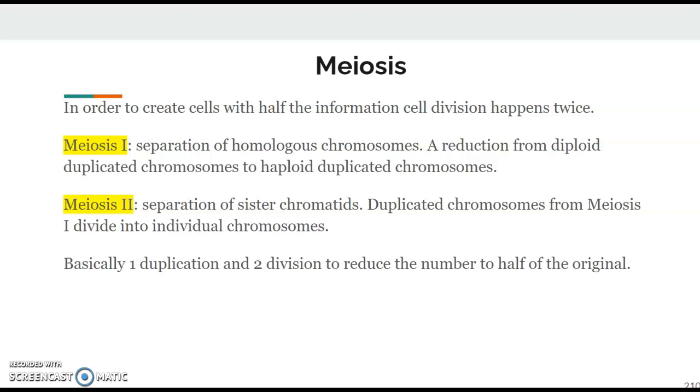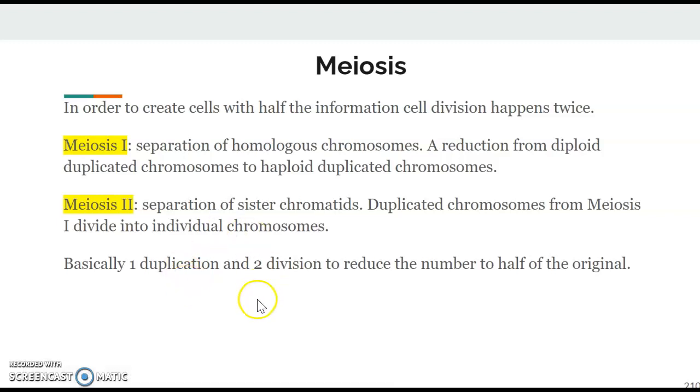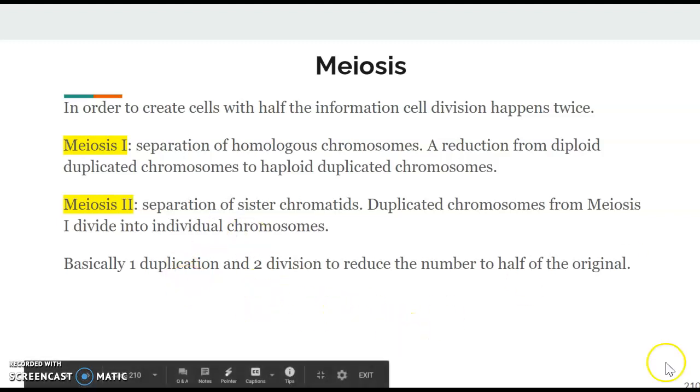And then in meiosis 2, we have the separation of sister chromatids. And I believe I went over this vocab already. If I didn't, just let me know if that language is confusing you. So in meiosis, basically you have one duplication and two divisions, so you end up with half the original number.